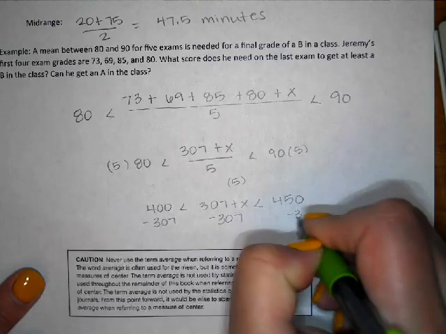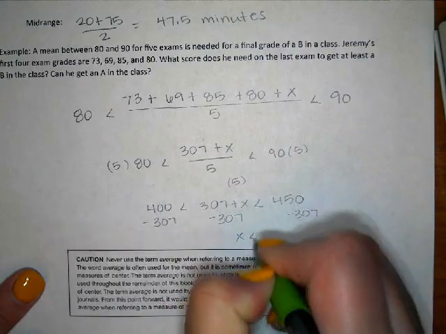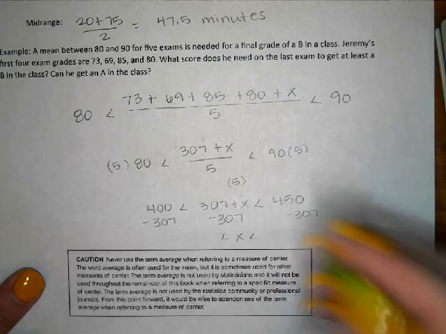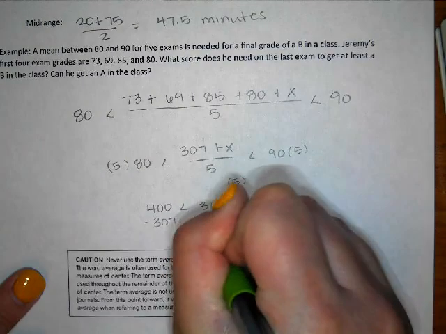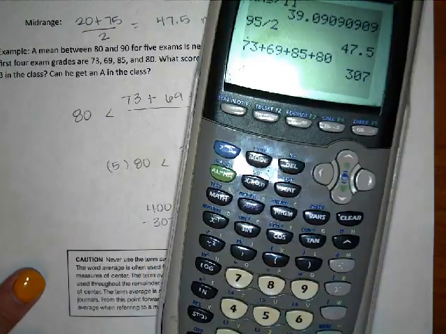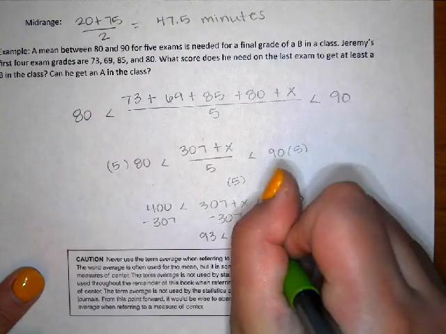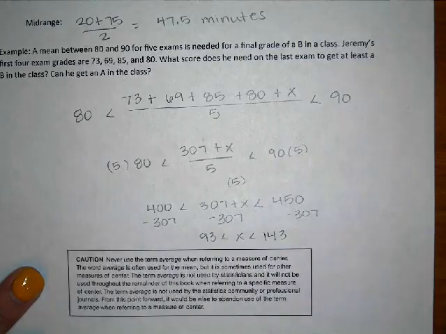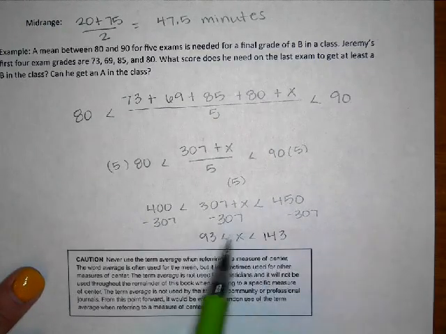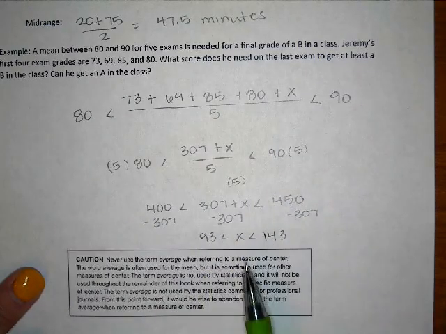So 400 minus 307 is 93. 450 minus 307 is 143. So this says that to be able to get at least a B in the class, he has to have between a 93 on the exam and 143 on the exam.